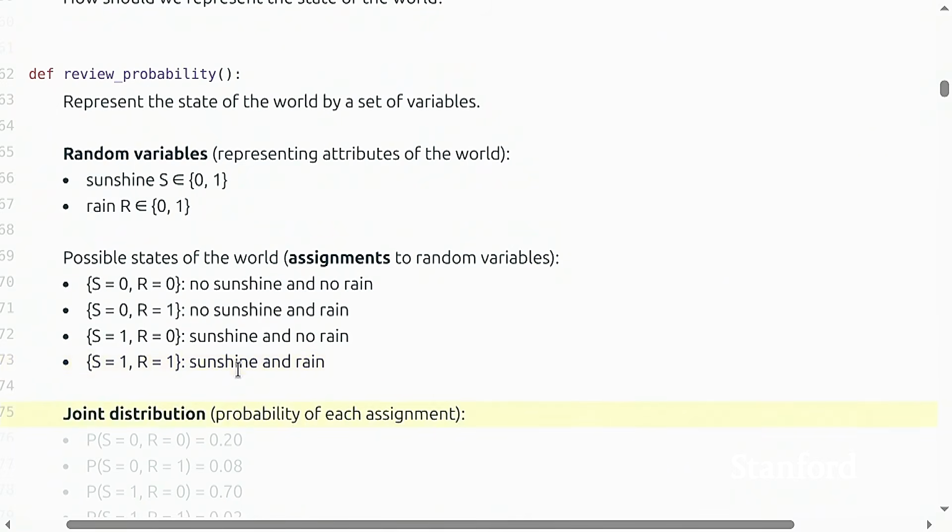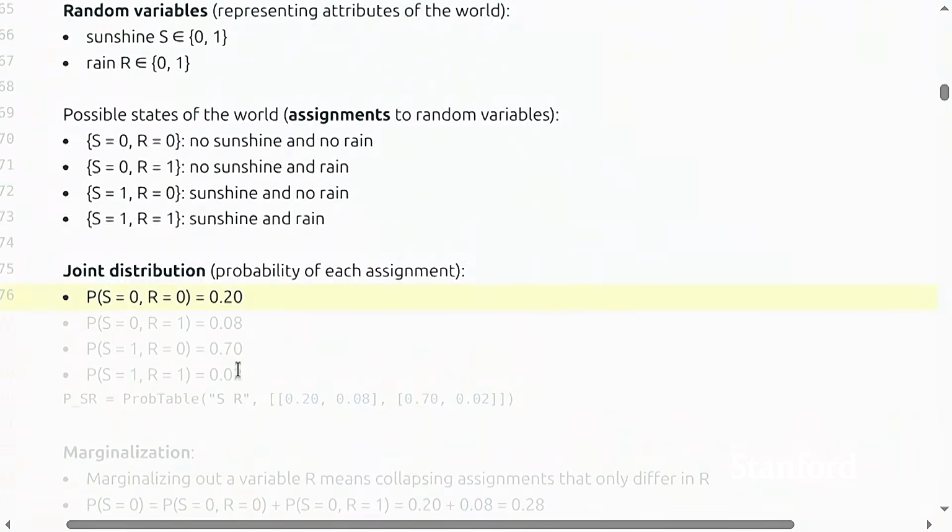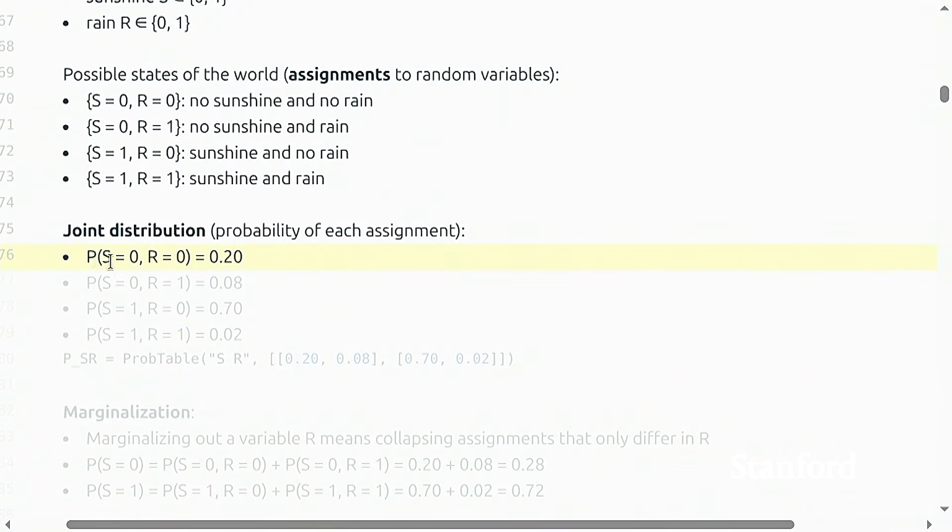The next step is that we want to associate each assignment with a probability. So we think about a joint distribution over a set of random variables as providing a probability for each assignment. Maybe the probability of S equals 0, R equals 0, so no sun, no rain, is 0.2.